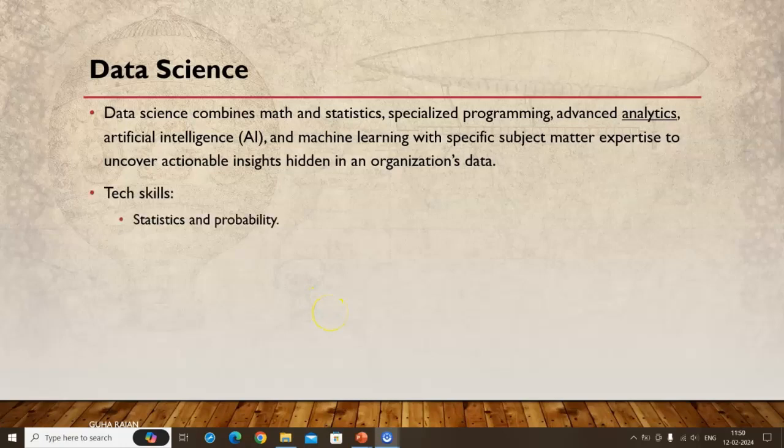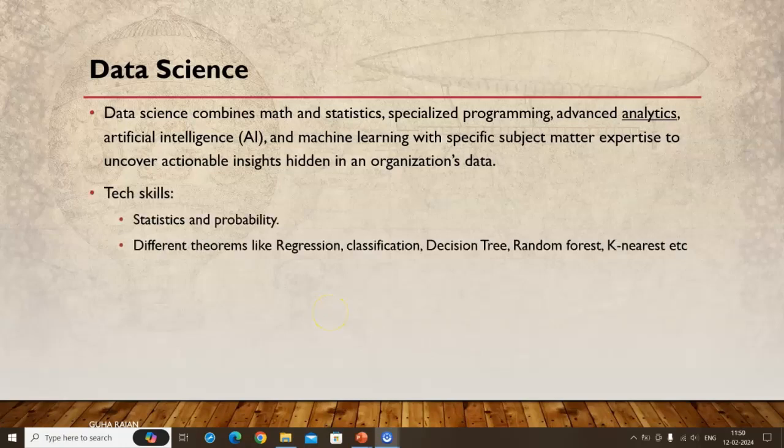And the tech skills required are statistics, probability, different theorems like regression, classification, decision tree, random forest, k nearest. All this will be on the machine learning side, because you give data which is already decided, and you build a model. Once the model is built, the machine will take that as a reference, and when it is fed with unknown data, because you have reference data already available, it will take decisions, and that is where machine learning plays a critical role.